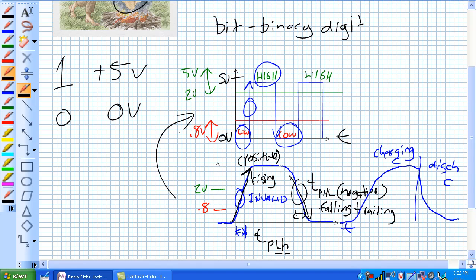Okay, so one thing I neglected to mention with our range of accepted values here: notice how our range for low goes from 0 volts to 0.8 volts, and our range for high goes from 2 volts to 5 volts. What do you think of this?